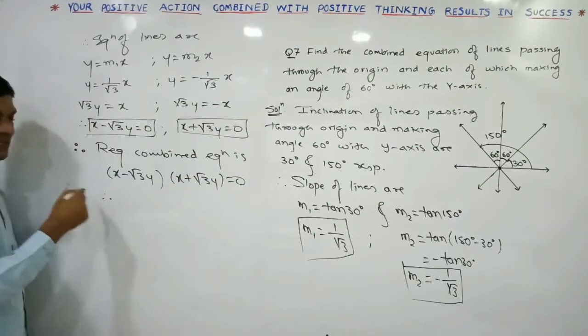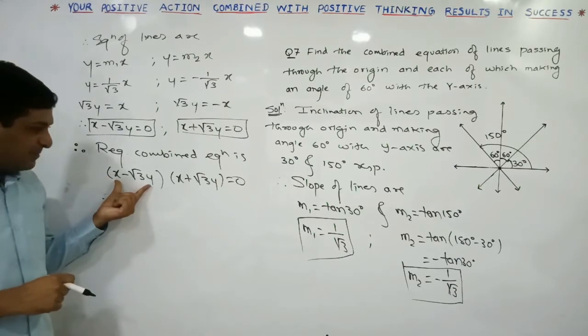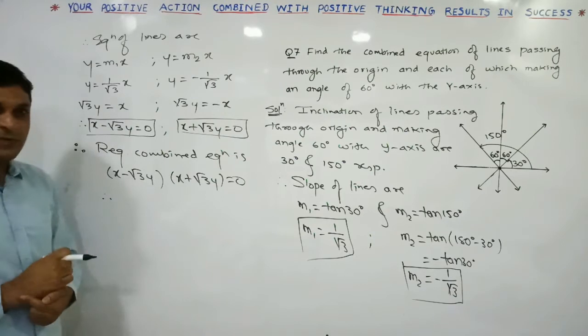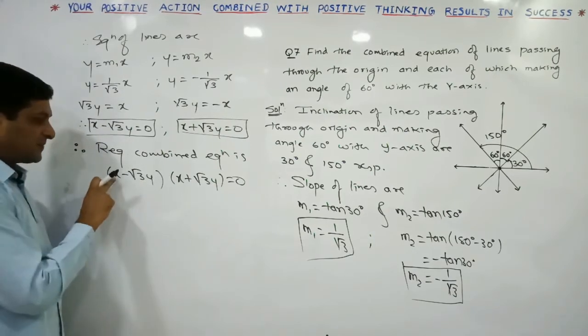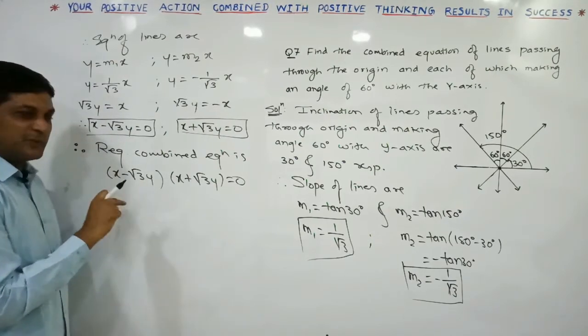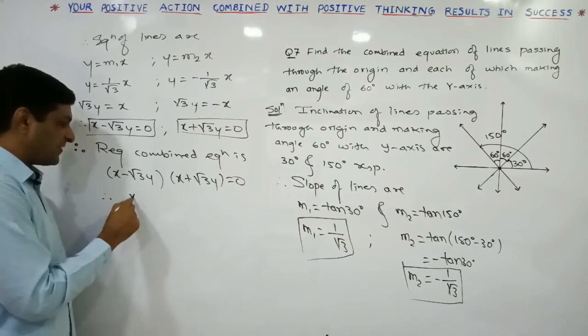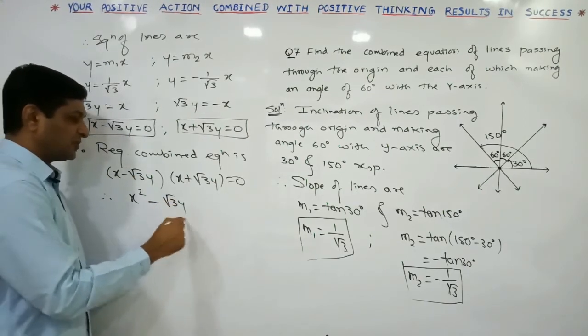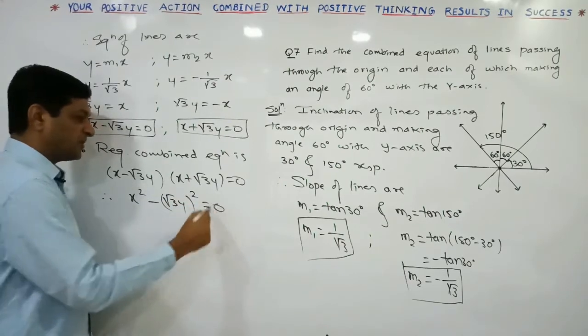Here we can observe that the terms are in the form of a minus b into a plus b. And what is the product of a minus b into a plus b? According to identity, its value is equal to a square minus b square. A square means square of x is x square, minus b square means square of root 3y. On this side 0, keep it as it is.